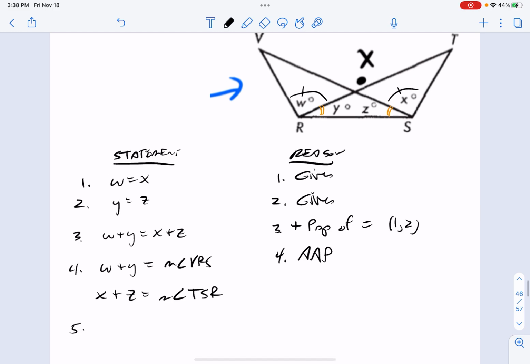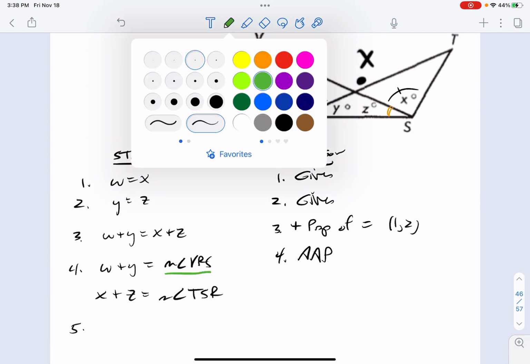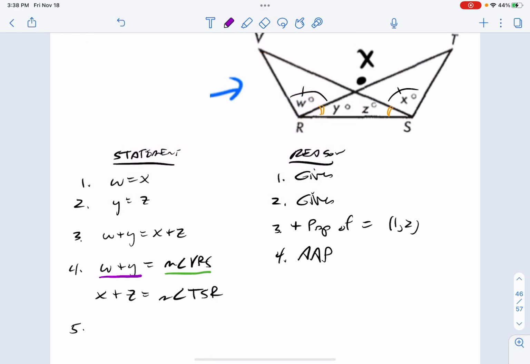And this is where we're going to notice that substitution or transitive comes into play. Measure of angle VRS in green is the same as W plus Y in purple, which was mentioned before. In step 3, we said the thing in purple is the same as X plus Z in orange, which is mentioned over here.